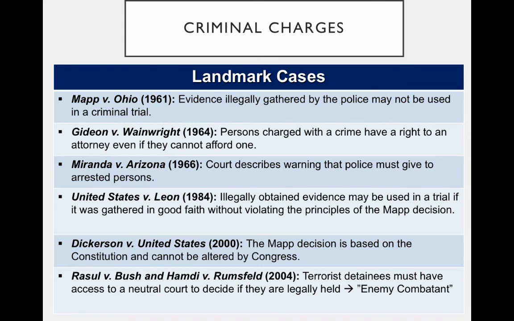A big important one from 2004 was Rasul v. Bush and Hamdi v. Rumsfeld, basically saying terrorist detainees must have access to a neutral court to decide if they're legally held. Terrorists are allowed to be held for an extended period of time, but there has to be an independent court that decides whether or not their being held violates their rights as well.